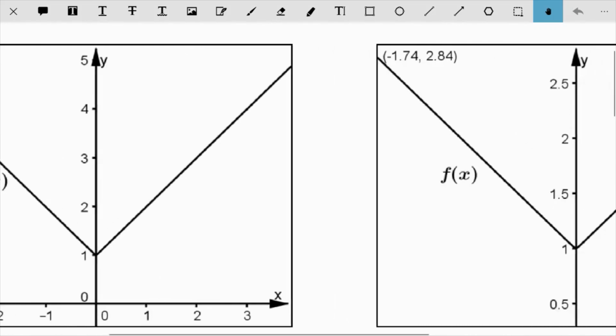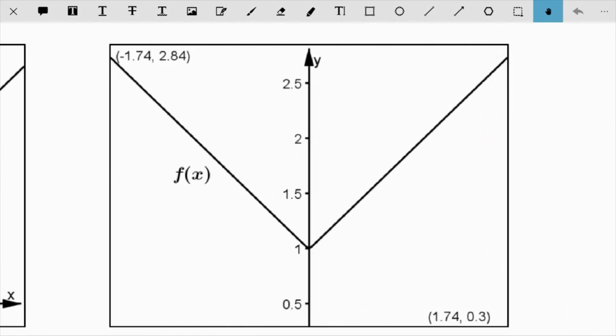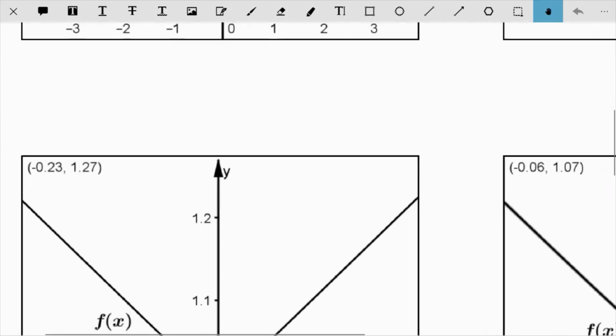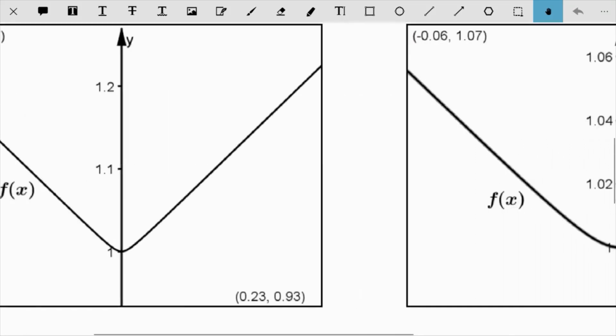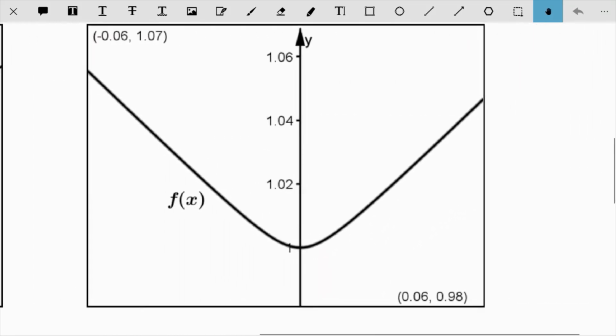But now I'm going to go through these graphs, and as we zoom in, you're going to start to see that this function actually doesn't have a point where it's not differentiable. You can see on this graph almost a quadratic behavior about x equals 0. When I zoom in enough, you can see that it has a horizontal tangent here.